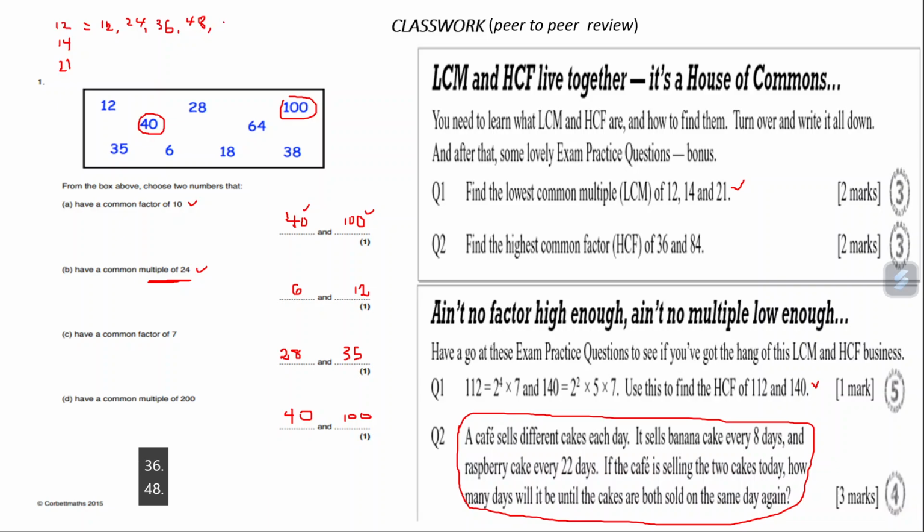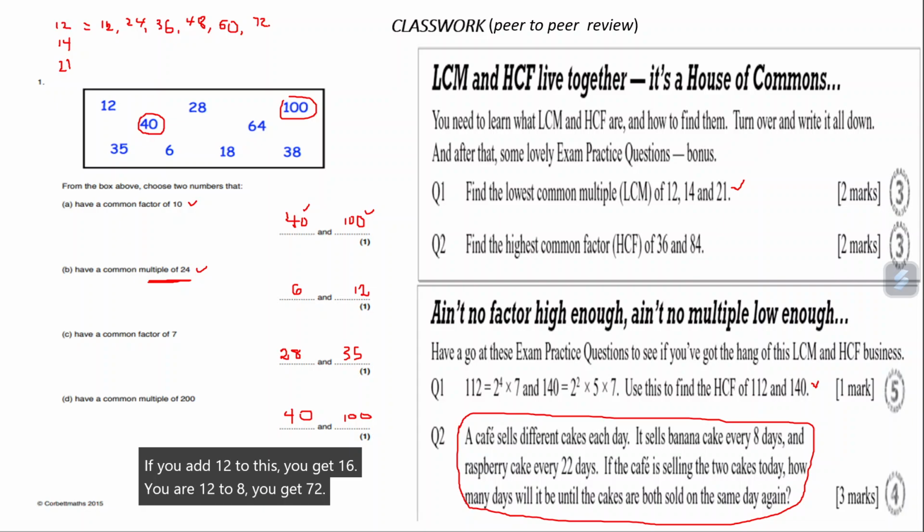If you add 12 to this, you get 60. You add 12 to this, you get 72. You add 12 to this, you get 84, and so forth.